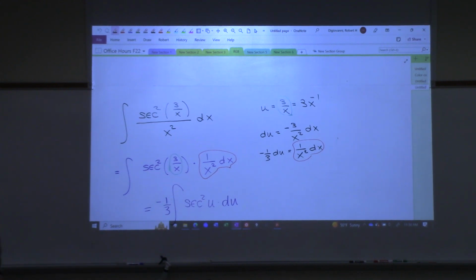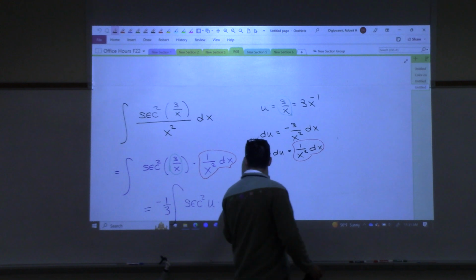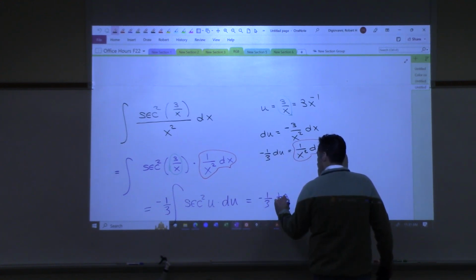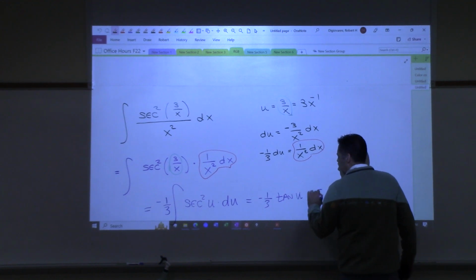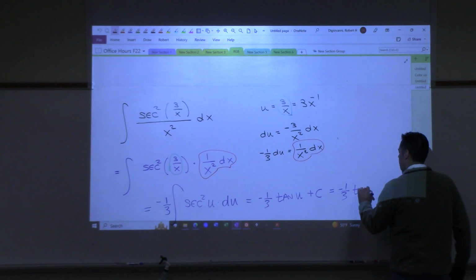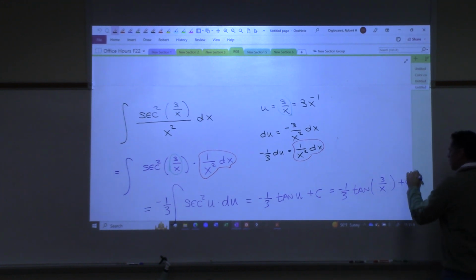Do we know the antiderivative of secant squared? Tangent, right? Not inverse tangent, just tangent. So we have negative 1/3 tangent of u plus a constant, negative 1/3 tangent of, what was u? 3 over x plus c. There we go.